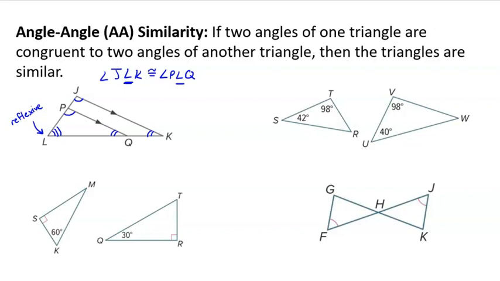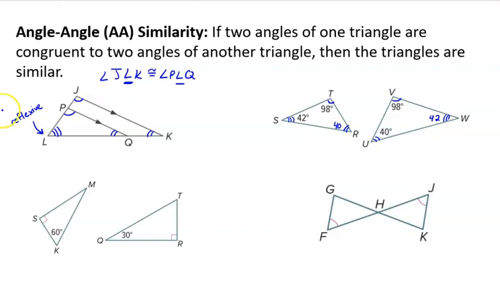Okay, and then let's go ahead and take a look at this one over here. I can go ahead and mark these two angles as congruent, and then when I subtract the two angles from 180, I get that this one is 40, and then from here I have two of the angles that are congruent, and then if I solved for this third one, I would see that these are also congruent, and I only need two of them because I could find the third, so these are also similar triangles.